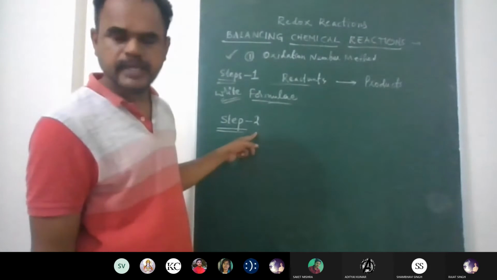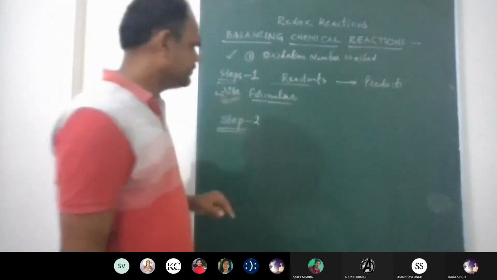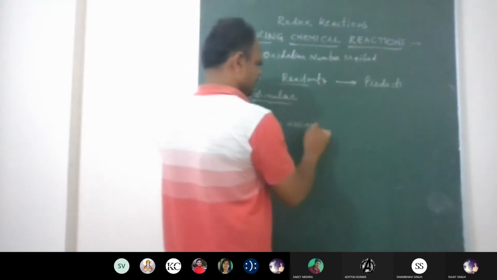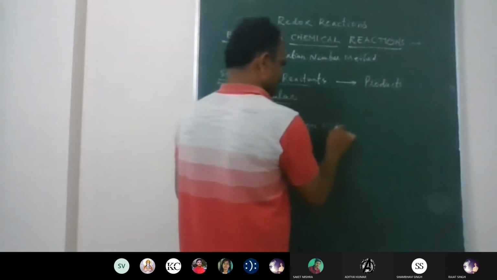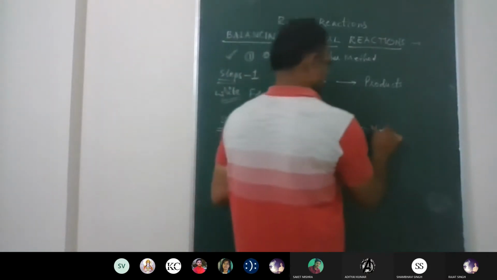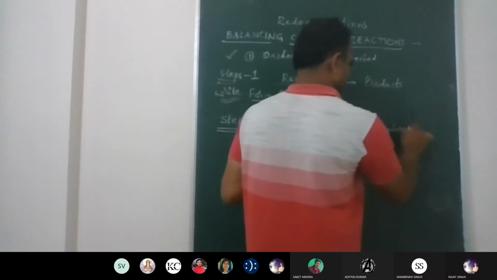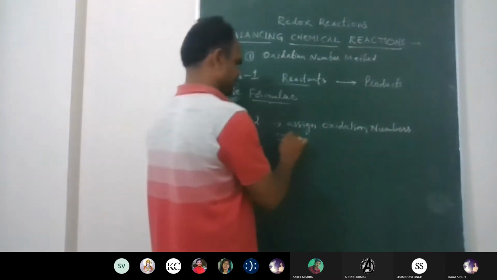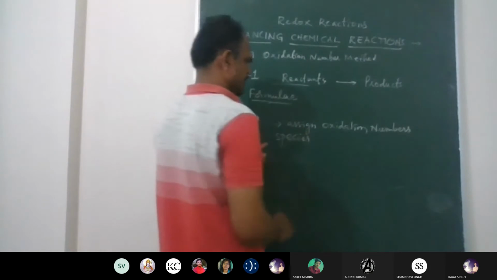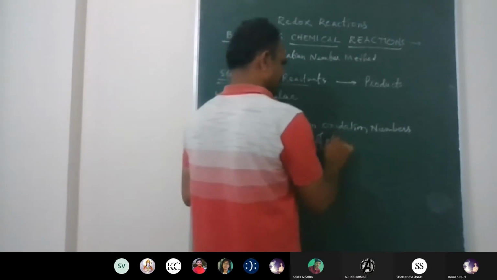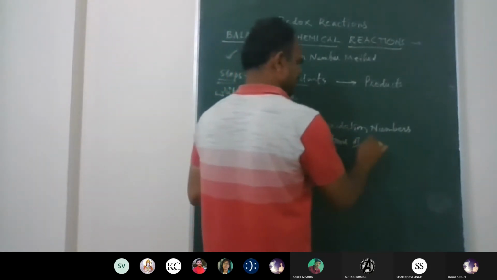After identification, we should assign oxidation numbers to the species, that is, to the atoms of elements.